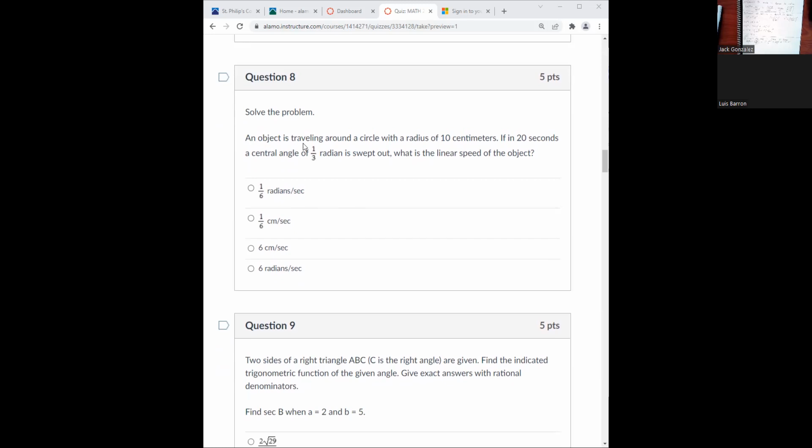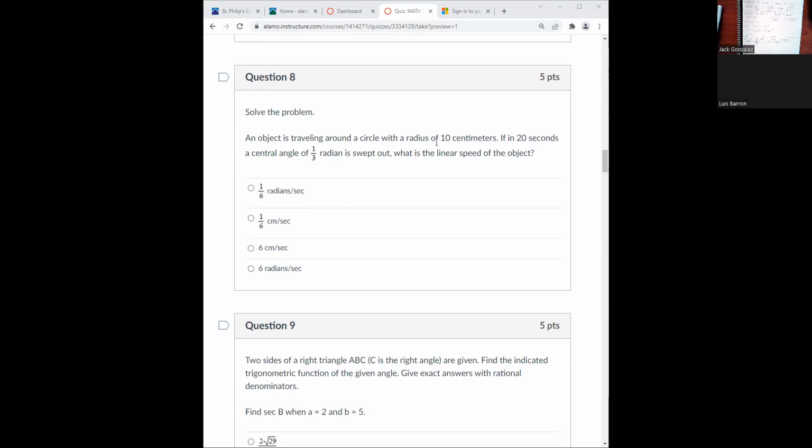Number 8, we do one of these in the notes. Does it make sense? What is a linear speed? Do you remember what linear speed is? So write down all this information.